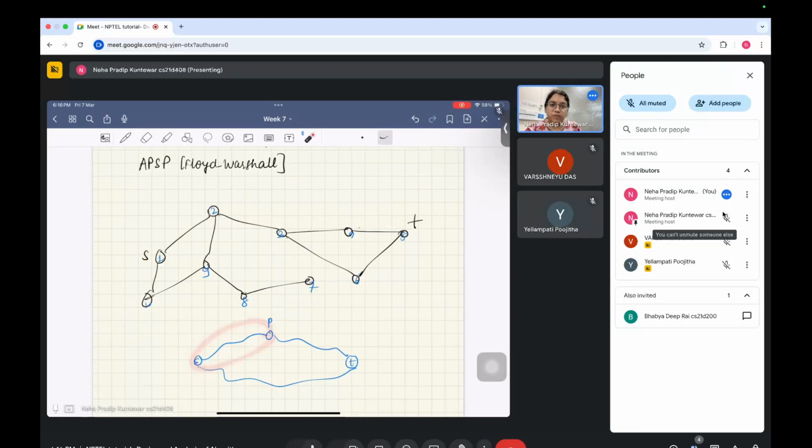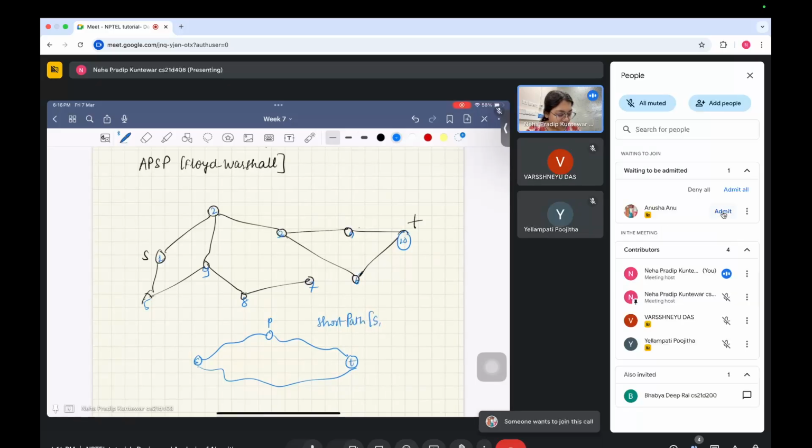So how do we take this into account? Maybe for the sake of simplicity, let me call this node 10 and this one 5. I want to find the shortest path from S to T, which is from 1 to 10.